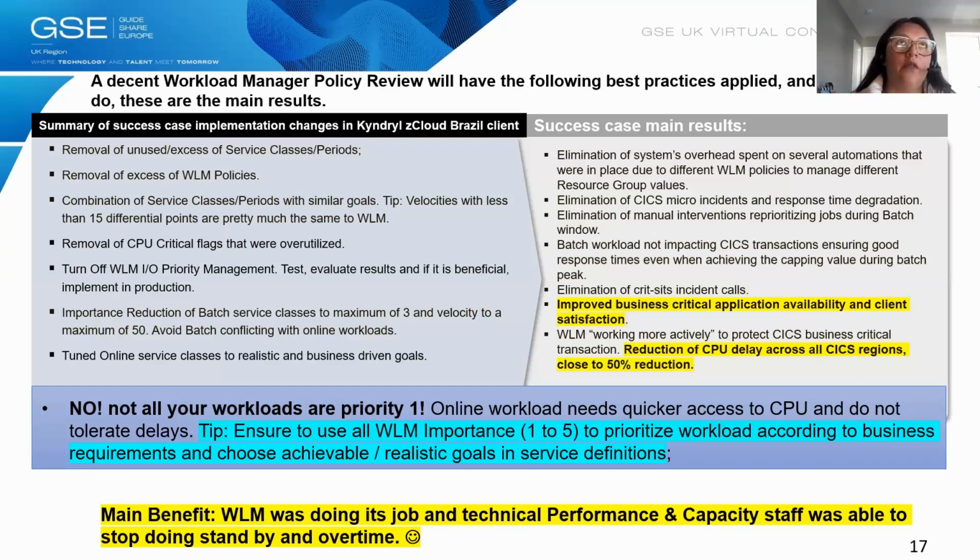Resource groups cap a workload, right? So if you change the workload policy to change resource group values all the time, during these changes CICS transactions used to suffer, and dispatching priority was not well assigned to the CICS business critical transactions. And at the end, you had CICS micro incidents, right? It had delays, etc.